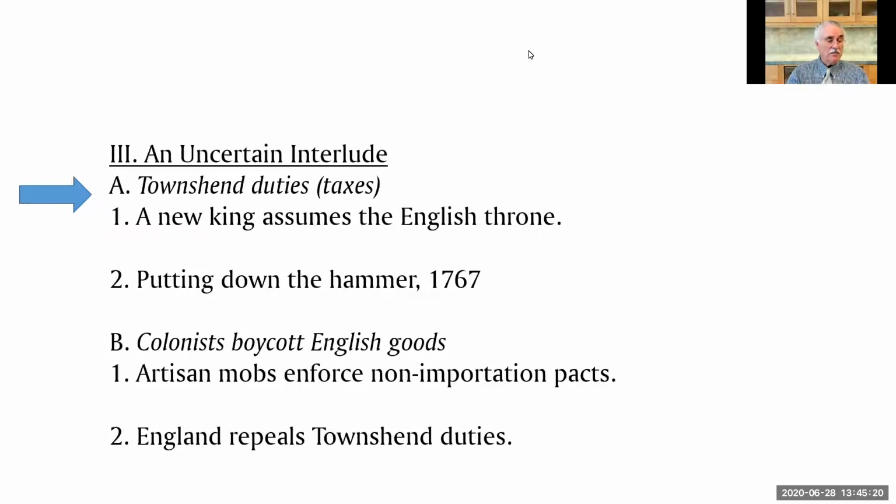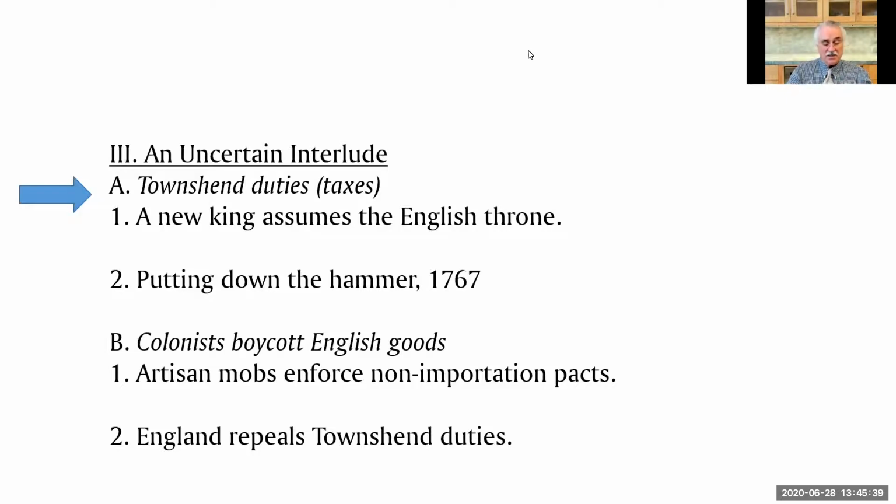But King George III, the new king, and his finance minister, Lord Townshend, were determined to pass new revenue measures and make them stick and never back down. So he was going to show himself to be a very strong king.